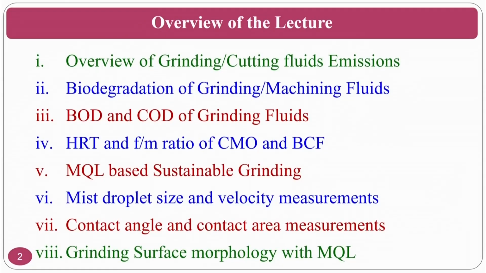So, the overview will go like this: overview of the grinding and its emission of the cutting fluids, biodegradation of grinding fluids or the machining fluids, BOD, biological oxygen demand, chemical oxygen demand of the metalworking fluids, HRT, hydraulic retention time, and F/M ratio, which stands for food to microbes ratio, of the commercial biocutting fluids and commercial mineral oils that are available in the market, and commercially there are biocutting fluids also available.